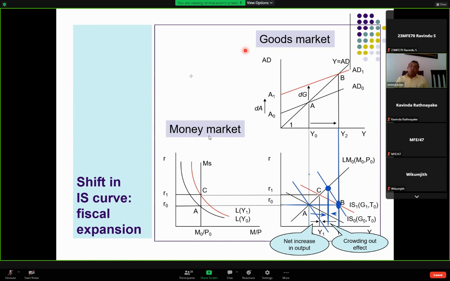The inverse is also true. The smaller the slope of the IS line, the higher will be the crowding out effect.